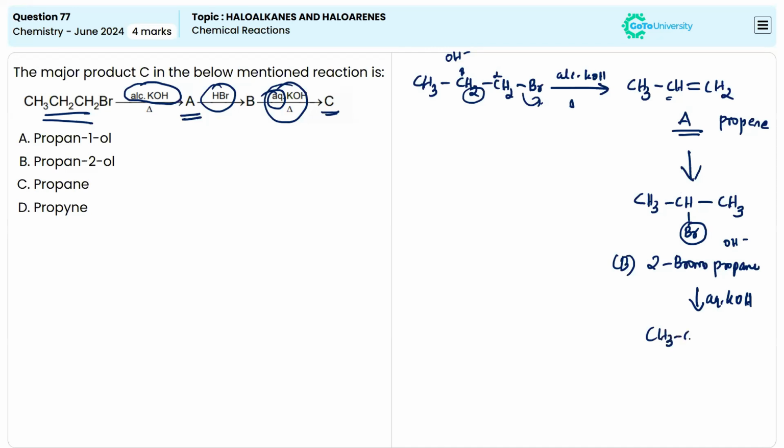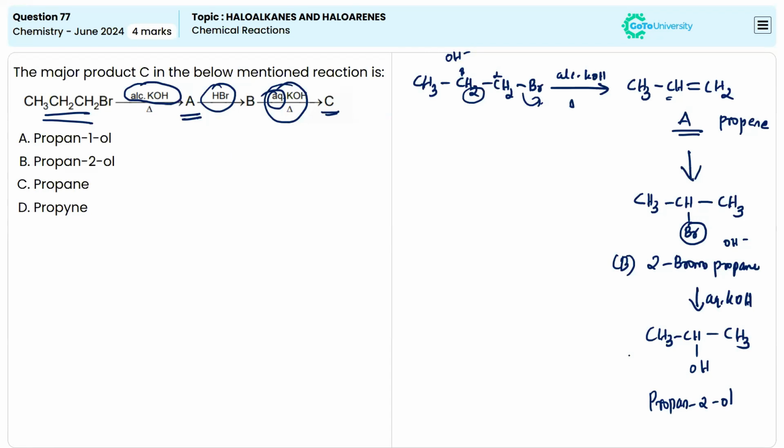So they will produce CH3CH(OH)CH3. This bromine will be substituted by the hydroxyl group. So this is propan-2-ol.